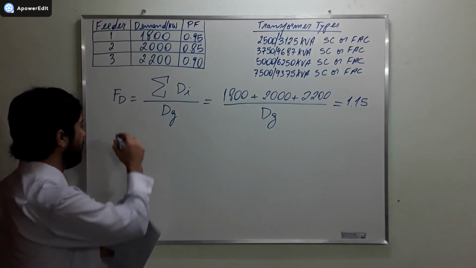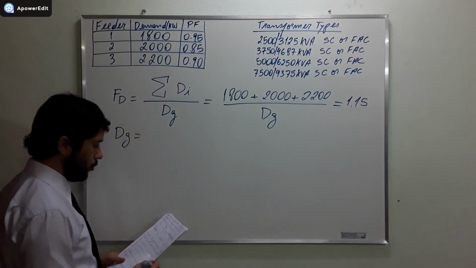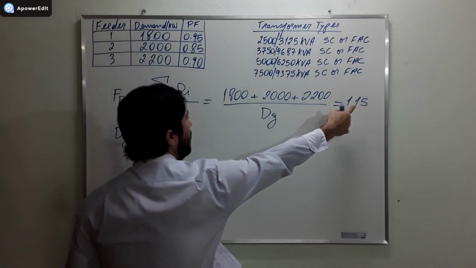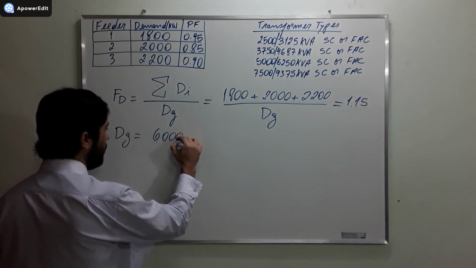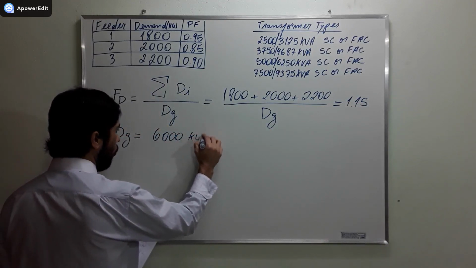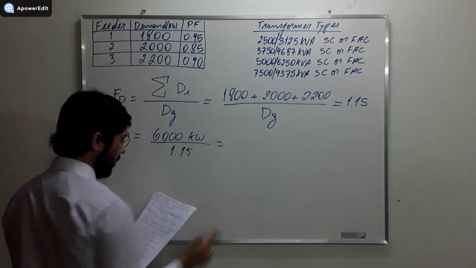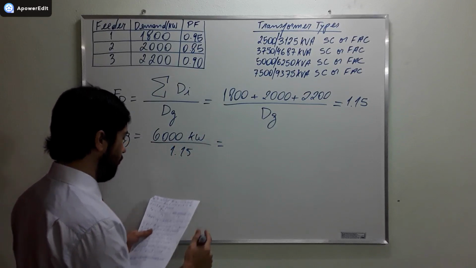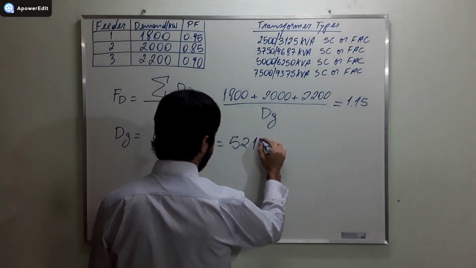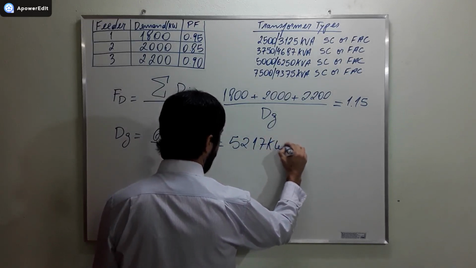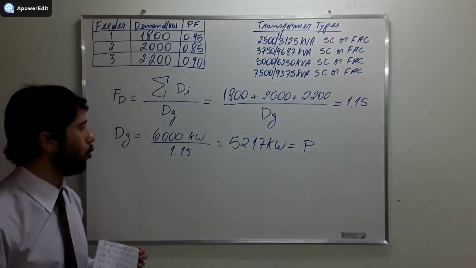Therefore, the diversified demand is going to be equal to, I pass this there and this goes dividing, 6,000 kilowatts divided by 1.15, and this is equal to 5,217 kilowatts, and this is equal to the real power.